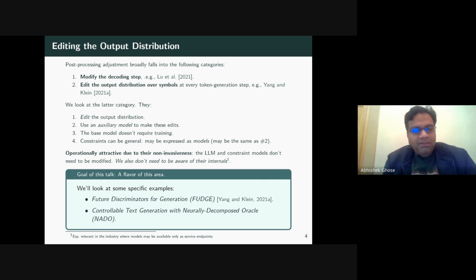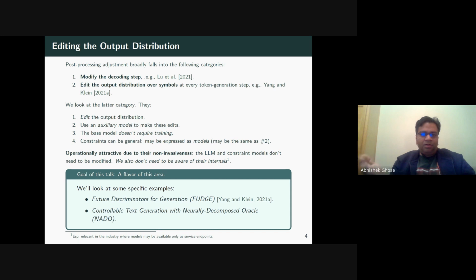So what do I mean by post processing, right? Like I said, I'll show a schematic in the next slide. The idea is that you don't touch the model, you do something after the model has already decoded or is about to decode the output, right? So you don't touch the initial parts, you just hack the end part, right?